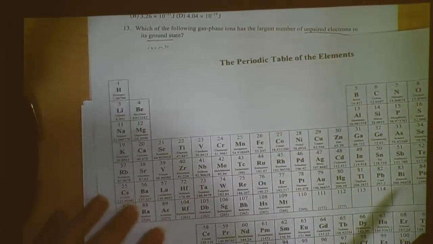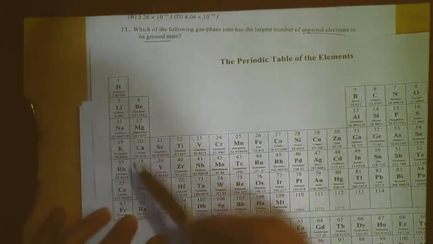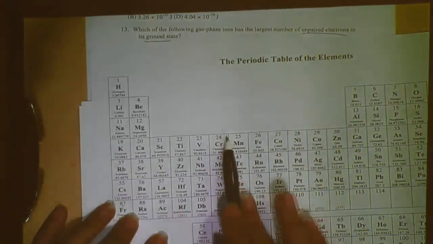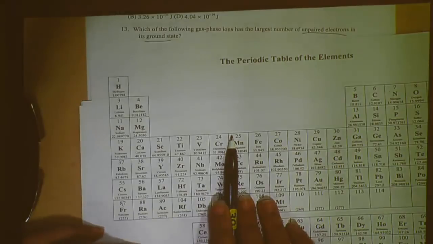So if I look at the periodic table, chromium is right here. And for these transition metals, remember, you're not removing from the D at all. You're removing from the S first, right? So you always remove from the S first, and then if there's more to be removed, go to the D. So chromium 3+.